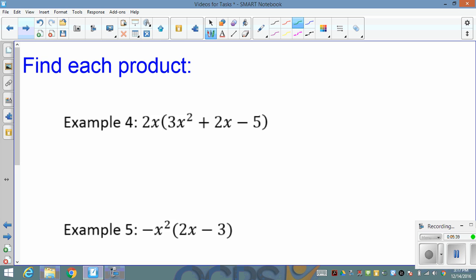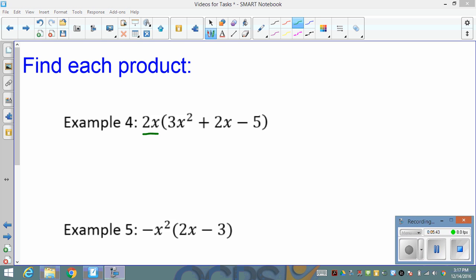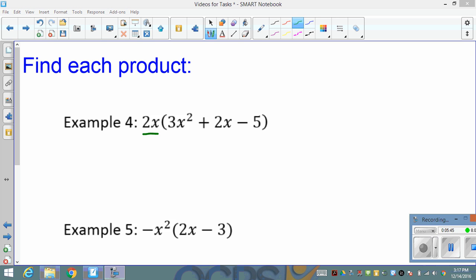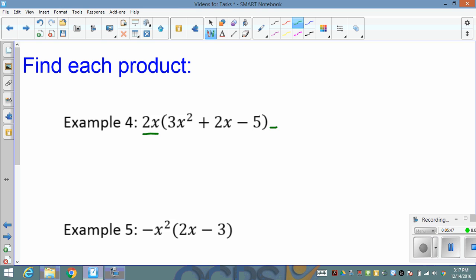Because notice in this example 4, I don't have a 2 on the outside, I have a 2x. I'm still going to distribute though, because I've got a monomial, one term, with the parentheses, and a trinomial. So I'm going to do 2x times 3x squared. Forgot my x.